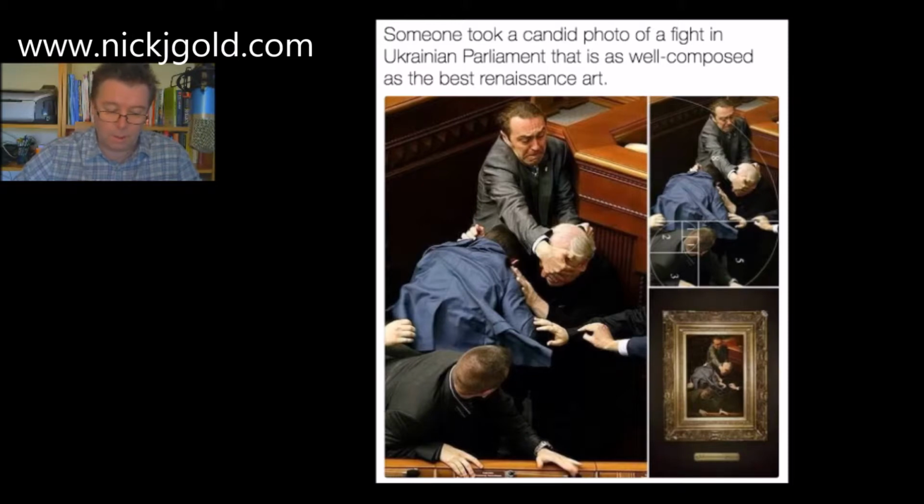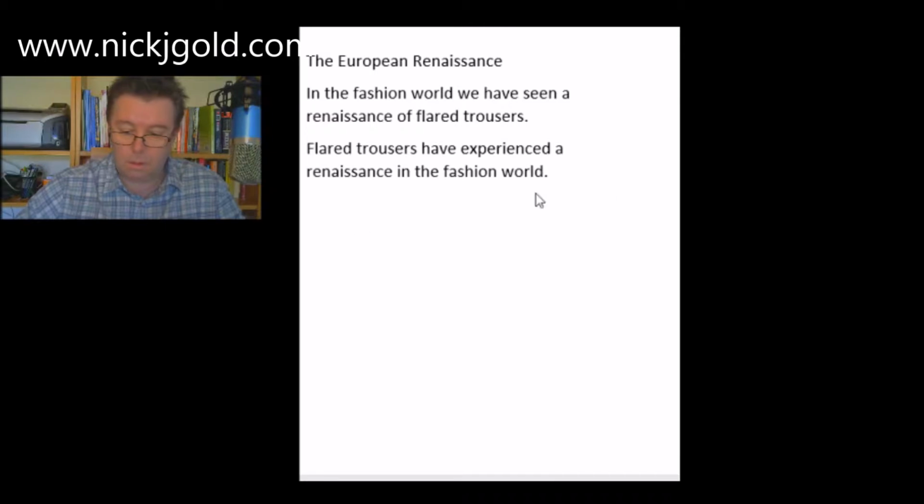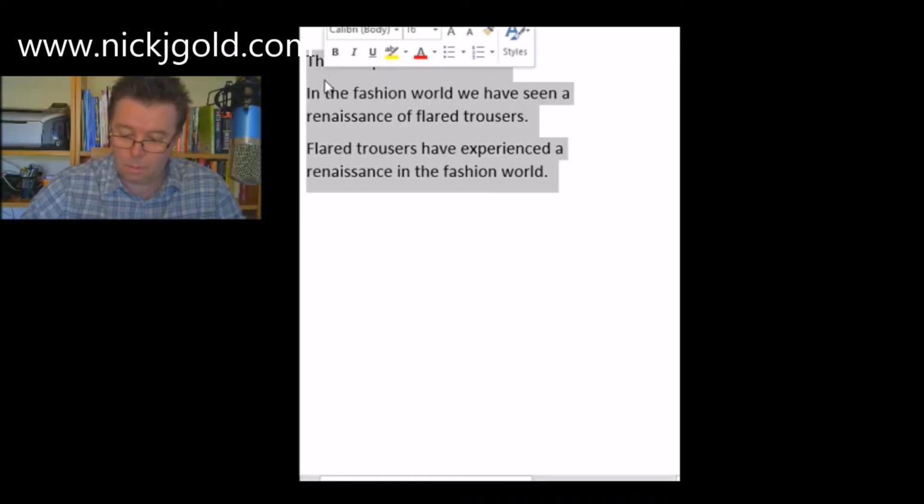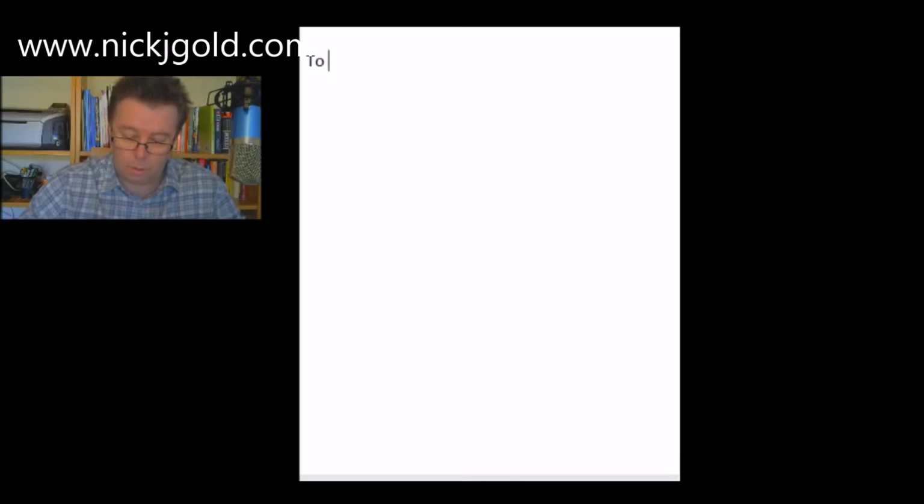And just to say something about this word compose. To compose. Okay, in this context, that verb means to arrange, to place things in a particular order.